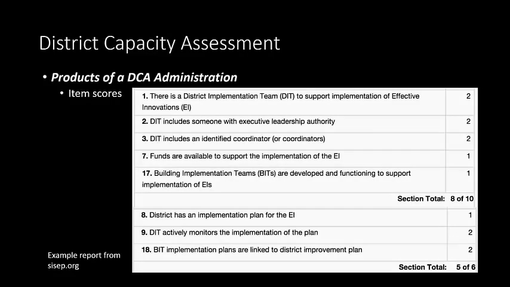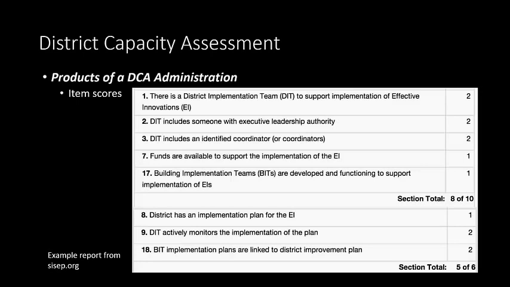So let's look at the items. We can drill this assessment down even further to specific items. You can see item 1 in this sample rated 2 points, so it's in place. There's a district implementation team to support the implementation of the effective innovation, or in this case PBIS.